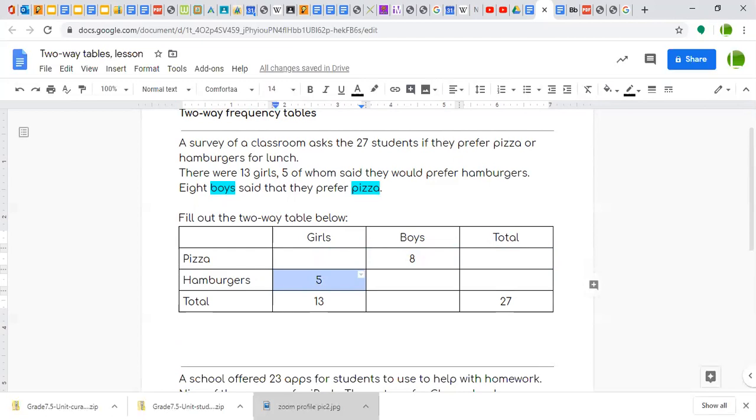These 2 cells together are going to add up to give me this one. Likewise, this down here has that same relationship. This cell or box plus this one will equal this one. That's important because that's where I'm going to get all of my information from.